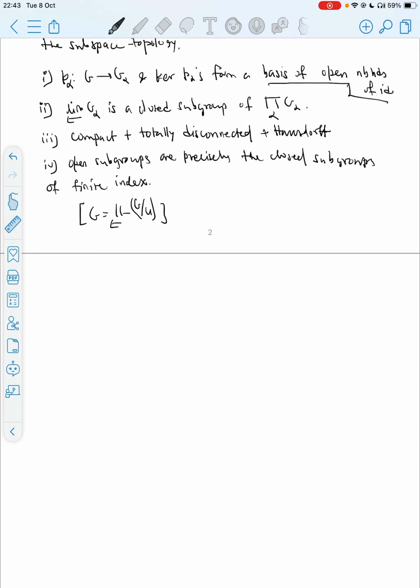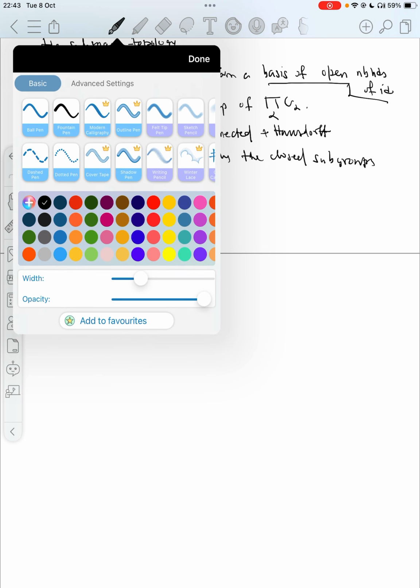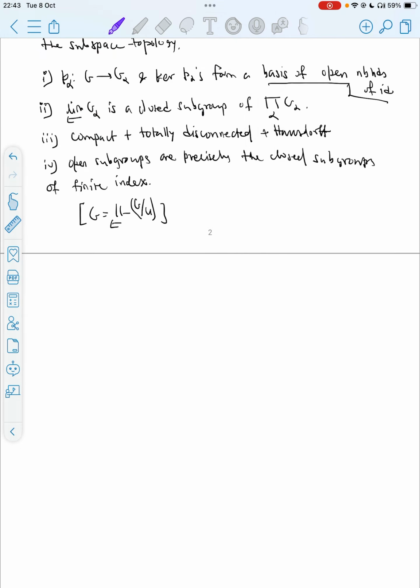And the fundamental theorem says: if this is a Galois extension, then on one side you take not all the subgroups but the closed subgroups of this Galois group.